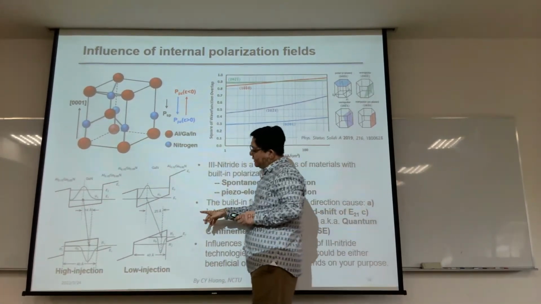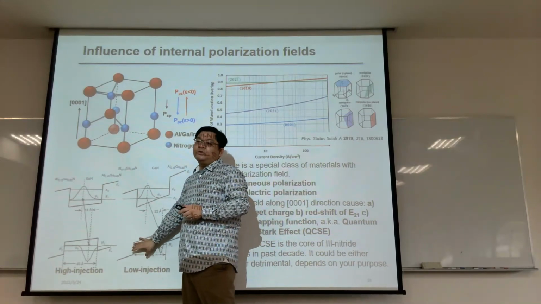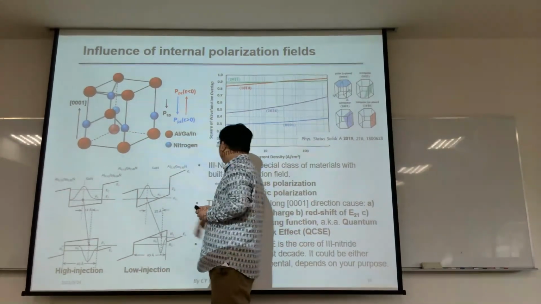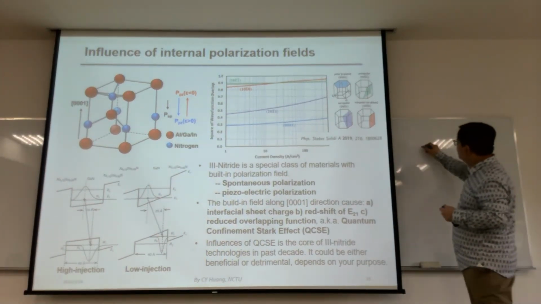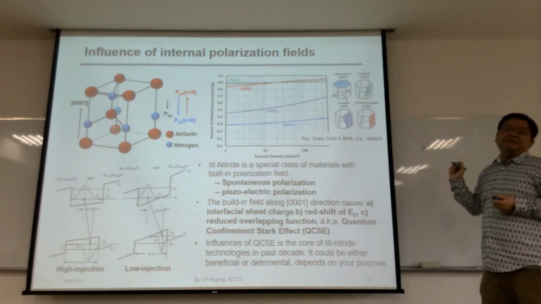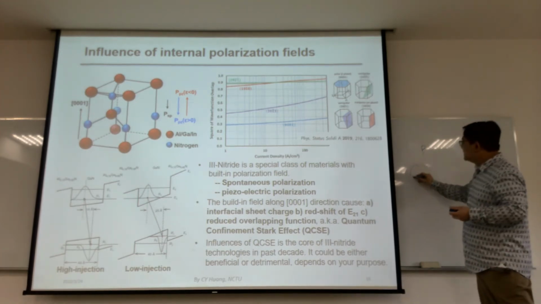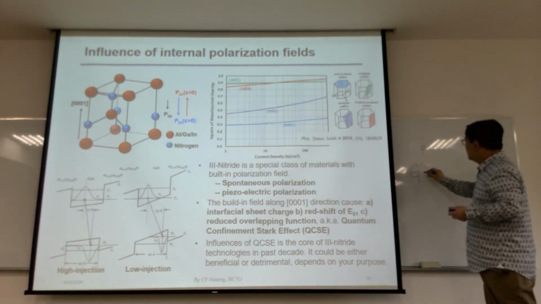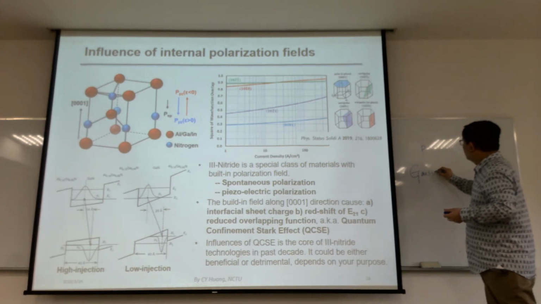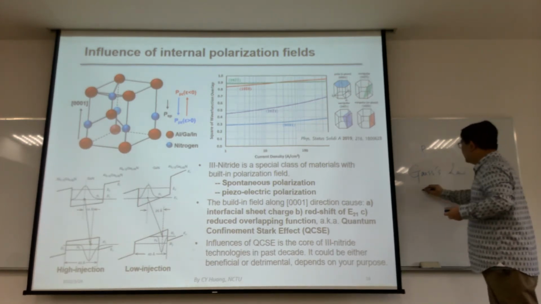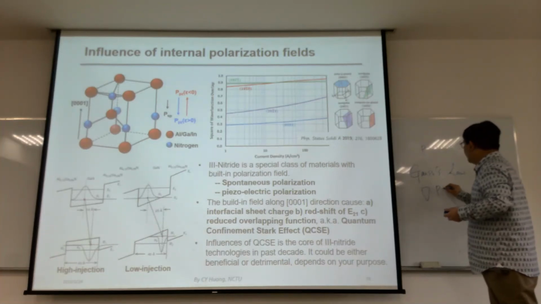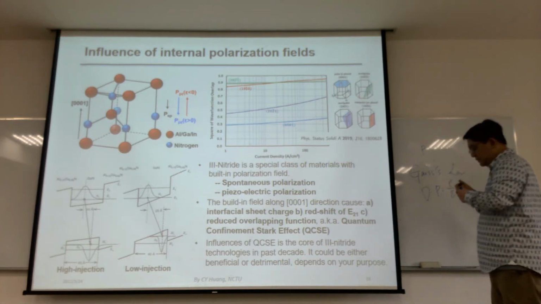So while you're drawing your band structure, the polarization is different. By Gauss's law, the divergence of P is equal to the bound charge density.